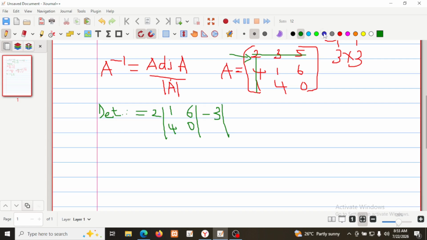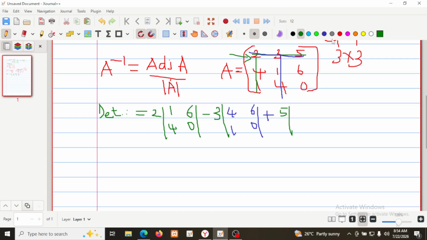Then when you cover this row and this column, we'll have 4, 6, 1, 0. Then added to 5.